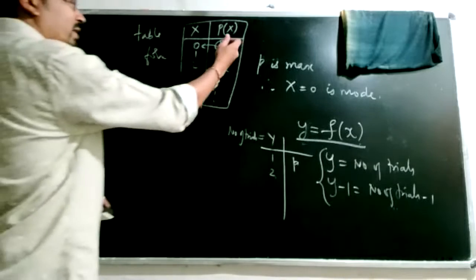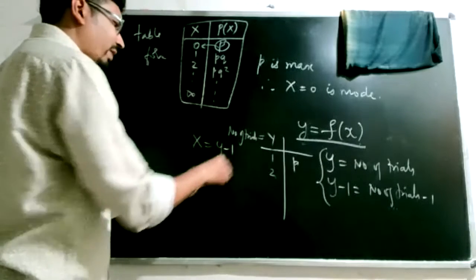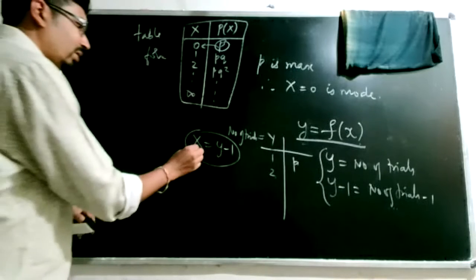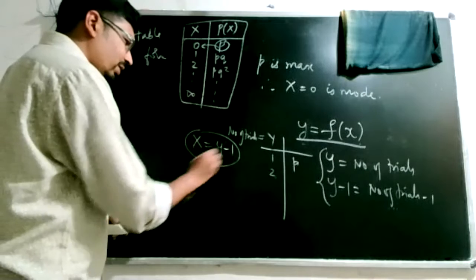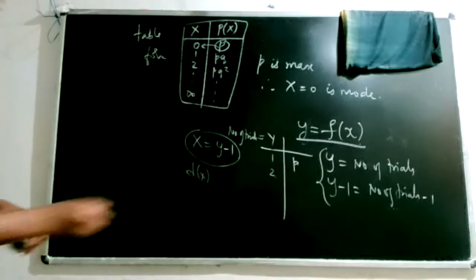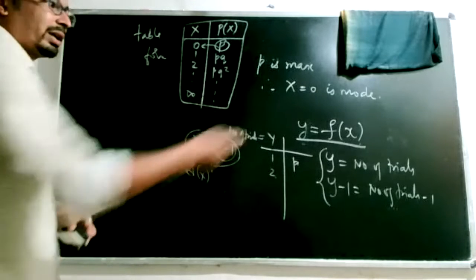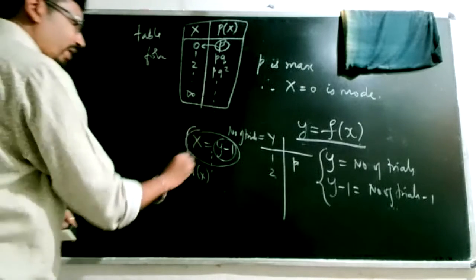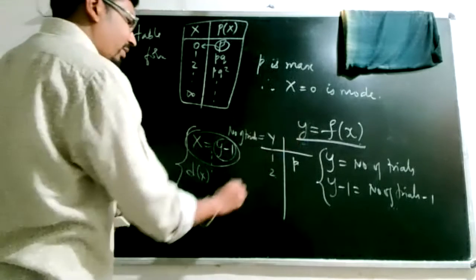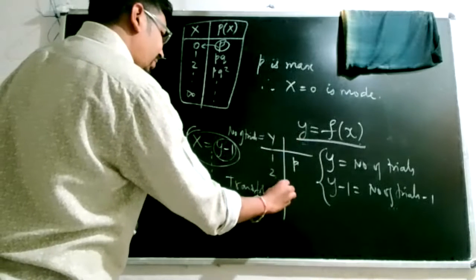So I want to obtain the second type, then I can use x is equal to y minus 1, but it is not just the direct substitution of x is equal to y minus 1. So we'll look into the distribution function, we'll look into the derivative of x, we'll see whether the distribution function is continuous. So many things are there. Only then I can put x is equal to y minus 1 and I can write the distribution. So how to obtain the distribution or convert the distribution from one form to another form using the mathematical part, that is called as transformation technique, which we'll be learning in the coming semester.